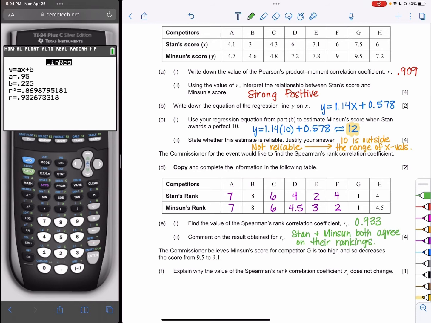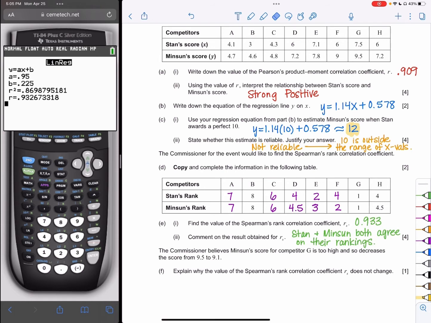Okay, so if we were to decrease competitor G from a 9.5 to a 9.1, if I highlight this value of 9.5 at the top here and change it to a 9.1, it is still the highest number, which means that the rank is not going to change for G. The rank is still going to be the same because 9.1 is still higher than the rest of the numbers.